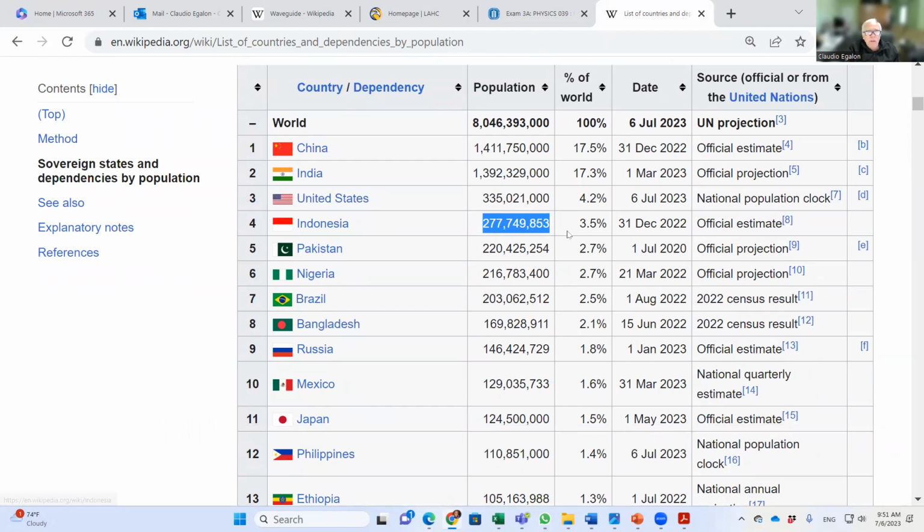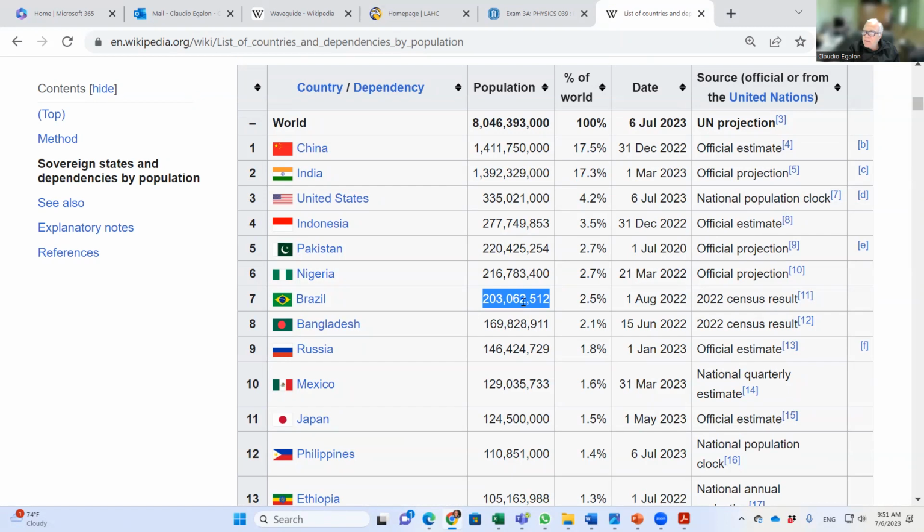I remember the time that Indonesia didn't have that many people. Pakistan. Oh, Nigeria already surpassed Brazil. Just recently, Brazil had more people than Nigeria.